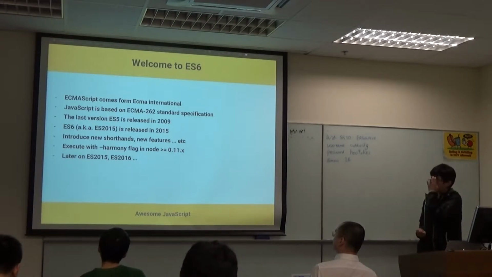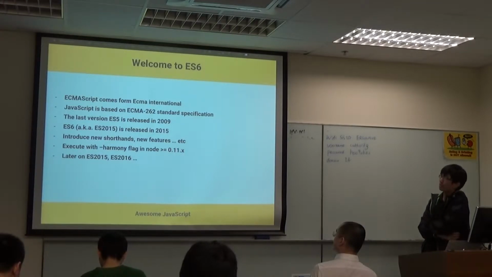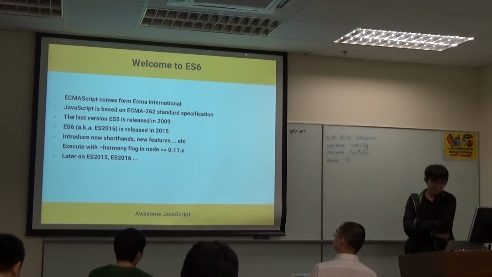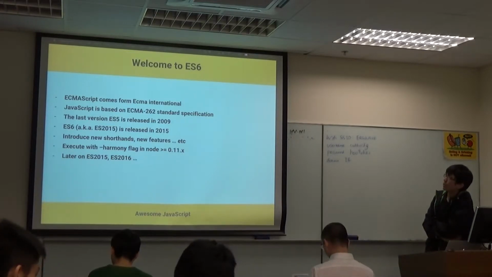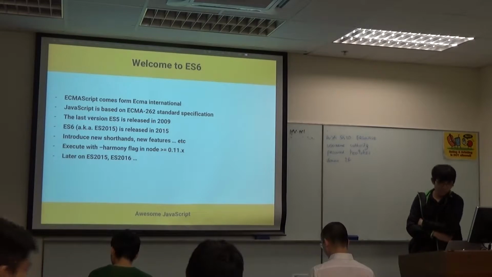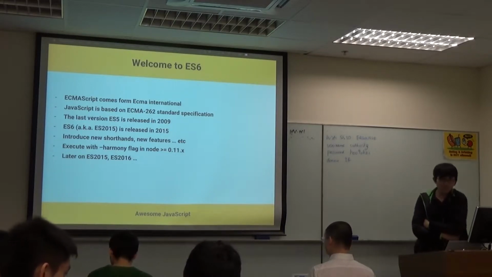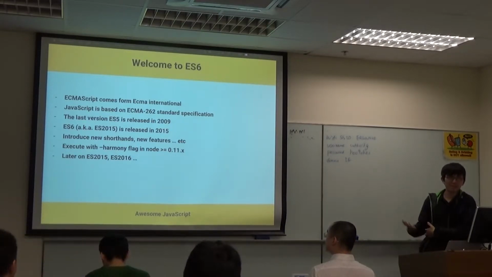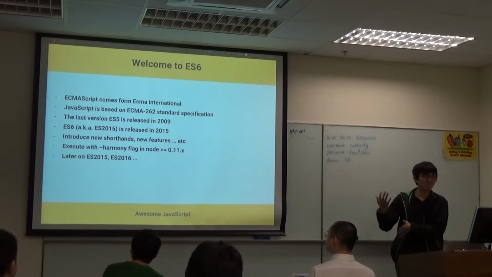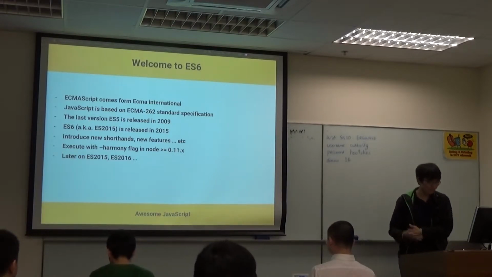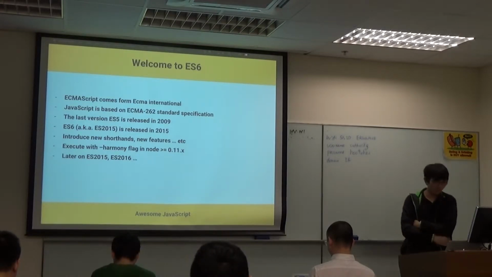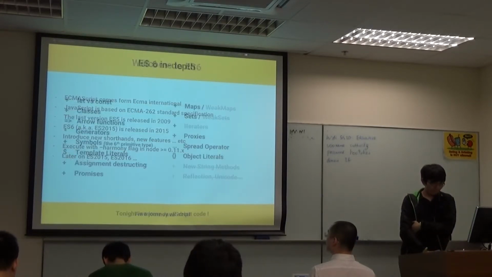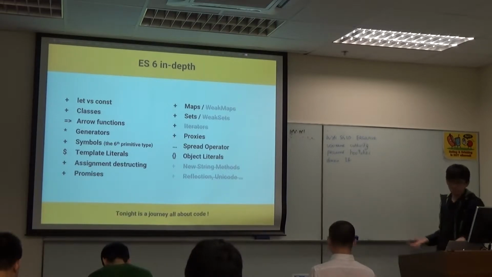The last version, ES5, was released in 2009, six years ago. Some key features we will introduce here may not be compatible with some modern browser platforms, so in the last few slides I will show the compatibility table to you. Great, so let's start now.